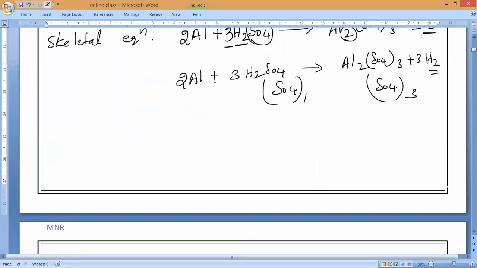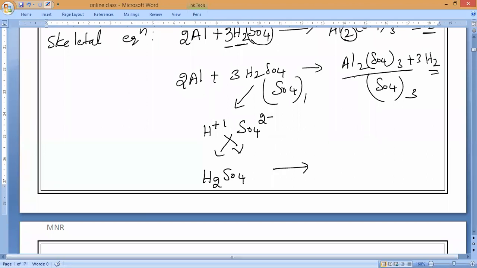Have you solved the homework I gave? Now you have to write the formula. For sulfuric acid, hydrogen is plus 1 and sulfate is 2 minus. If you crisscross, we get H2SO4. Aluminum sulfate, what is the formula?